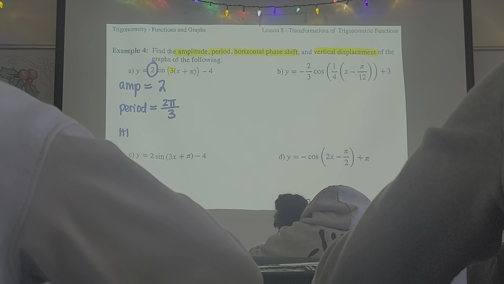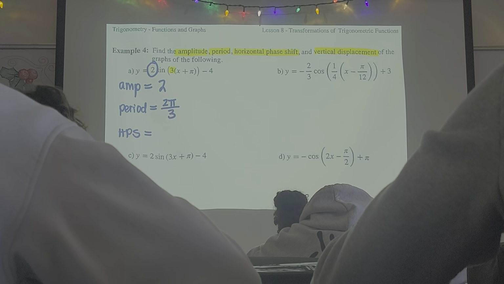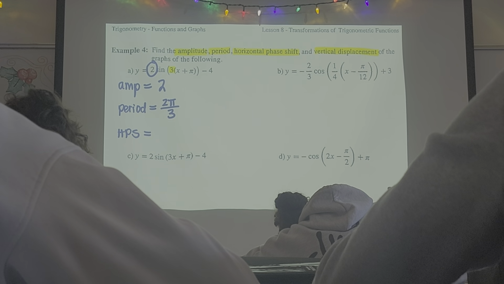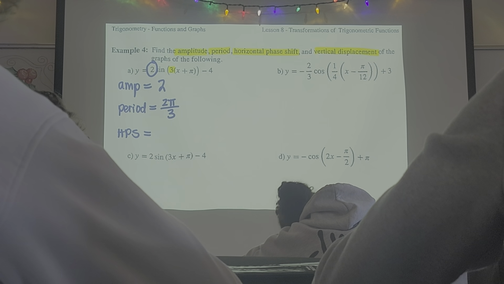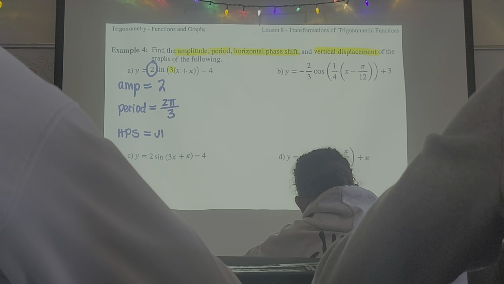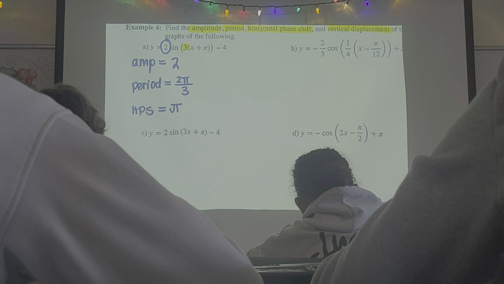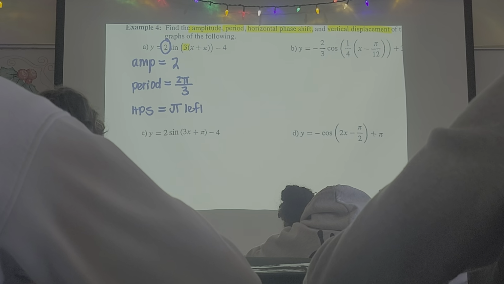Phase shift: x plus pi, so it's going to be pi. Which direction? Left. Pi left.